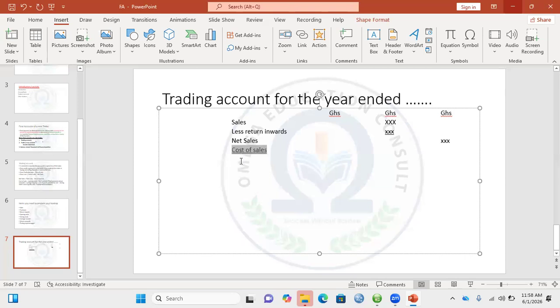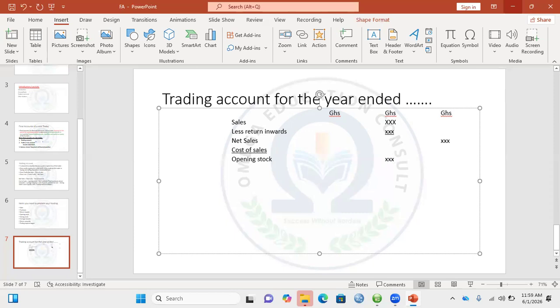The first thing you put under your cost of sales, professors, is your opening stock. And it makes sense. If you want to know the cost of goods you have sold, you need the opening stock. Did you have some of the goods at the beginning of the year? So your opening stock is the first thing, and that will come under the second column. You put it there.